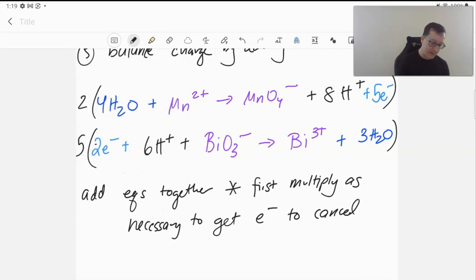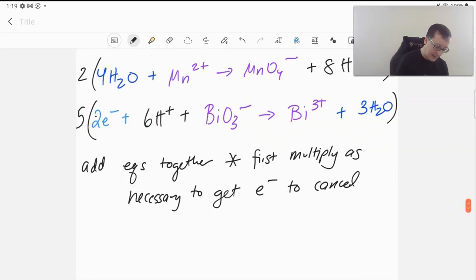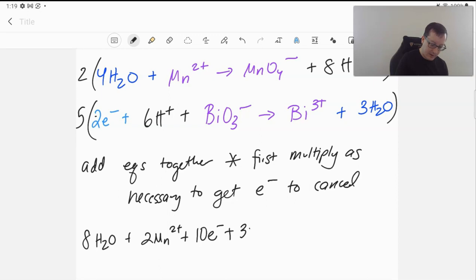Okay. So, let's go ahead and now list everything in our reactants. We have 8 waters, plus 2 manganese 2+ ions, plus 10 electrons, plus 30 hydrogens, plus 5 bismuth ion thingies.